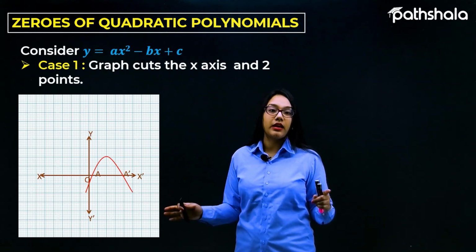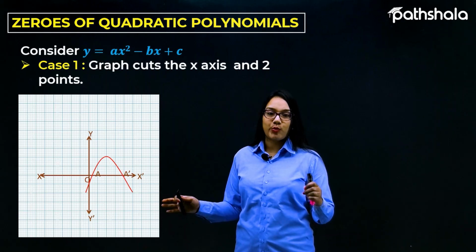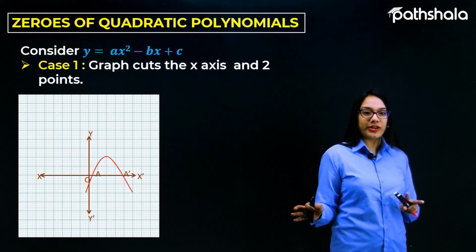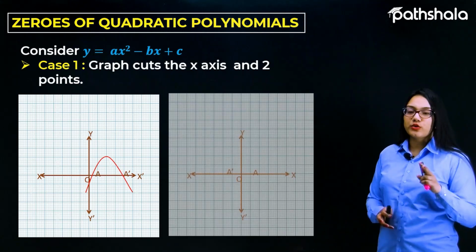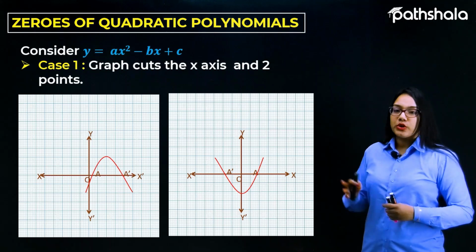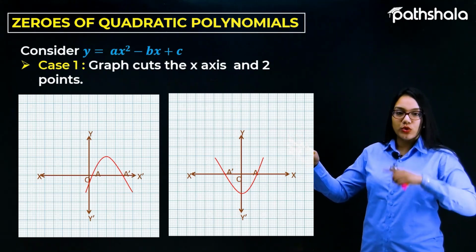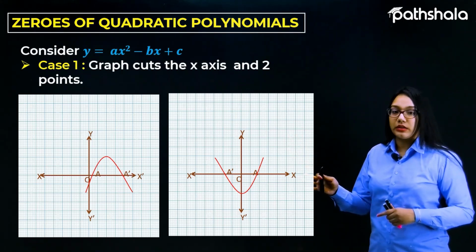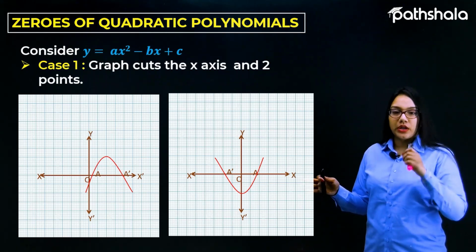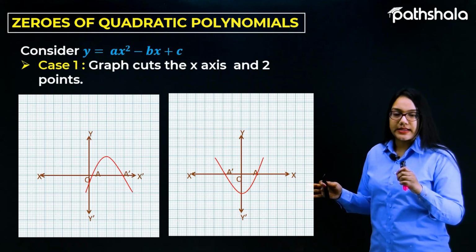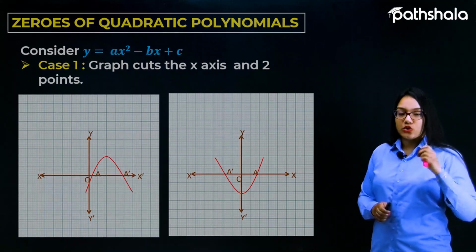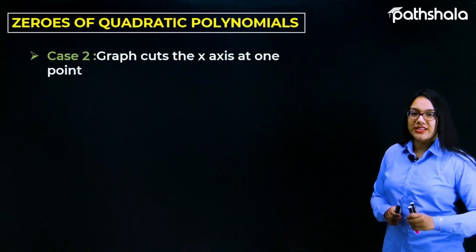The x coordinates of these points are called the zeros of the polynomial. So it is intersecting at 2 points, which means it has 2 zeros. Let us talk about another case, with a curve of this form. The first one is a downward parabola, and this is an upward parabola. Again, the curve is intersecting the x-axis at 2 points, hence it must have 2 zeros.